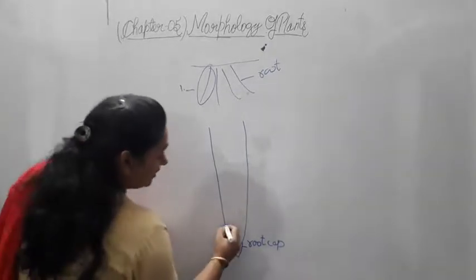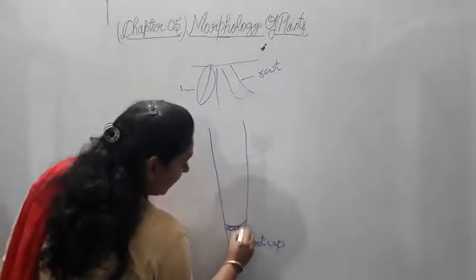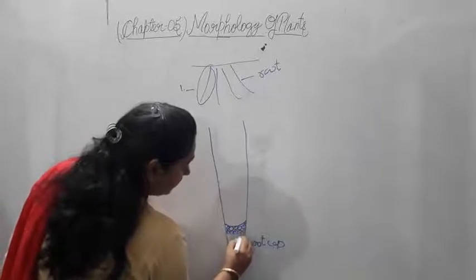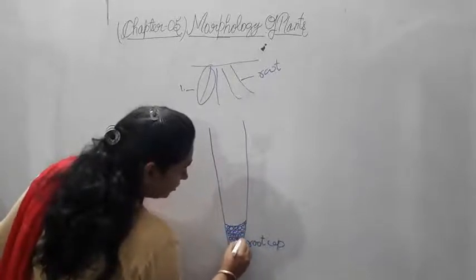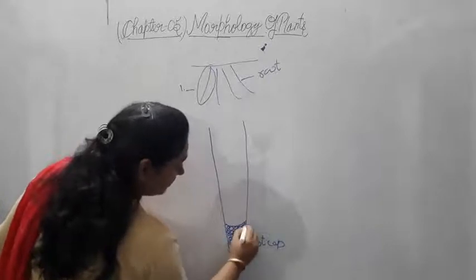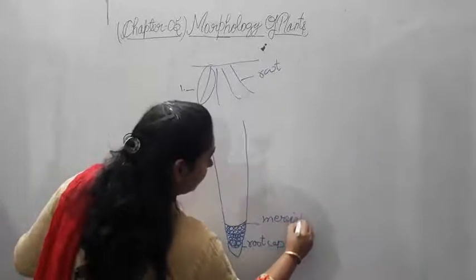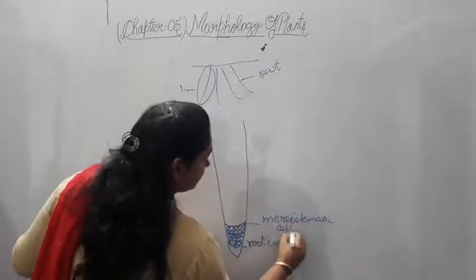Then at this place we are having some cells, and the region which has these particular cells is called the region of meristematic cells.